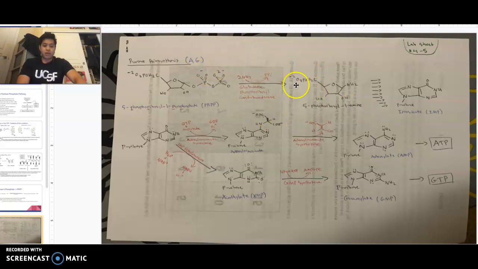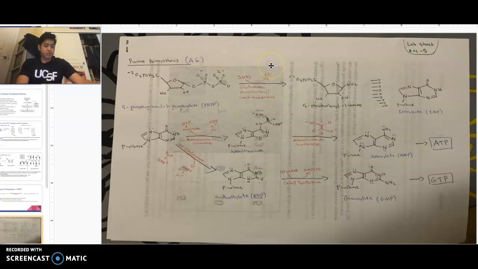I drew out a simplified pathway for purine synthesis. If you want more detail and information, you can refer to pages 4 and 5 of the poster that we made. So look at that for more detail.